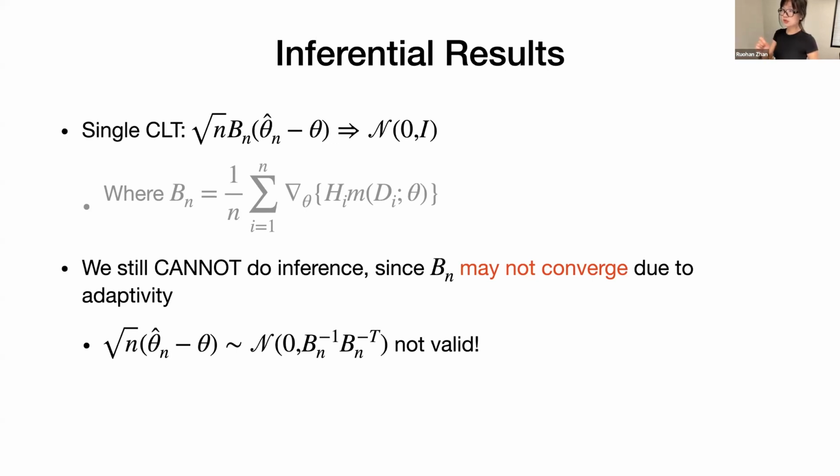If the signal to noise ratio is really small, it's very likely that if you run the trials multiple times, every time it will give you a different final policy. So here we don't want to assume the data collection policy converges, which implies that our B_n may not converge. So a single CLT does not really satisfy our requirement to do inference.